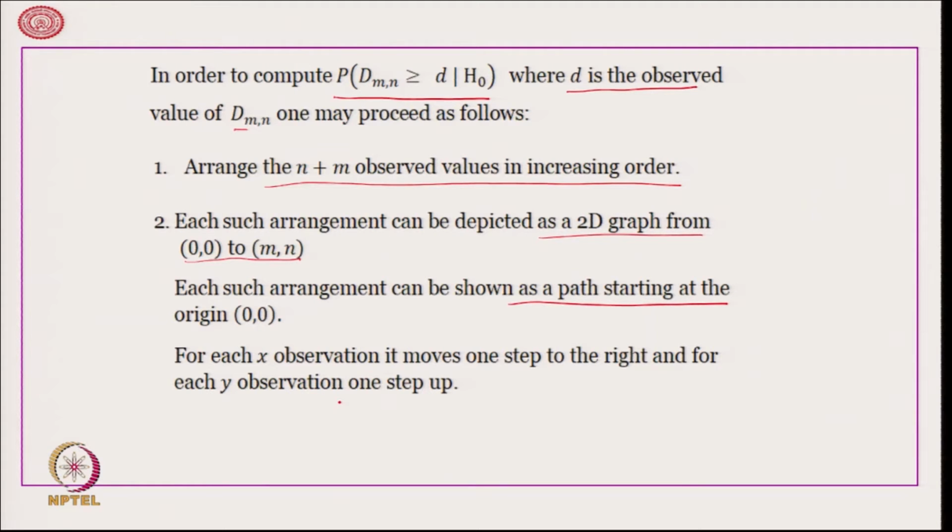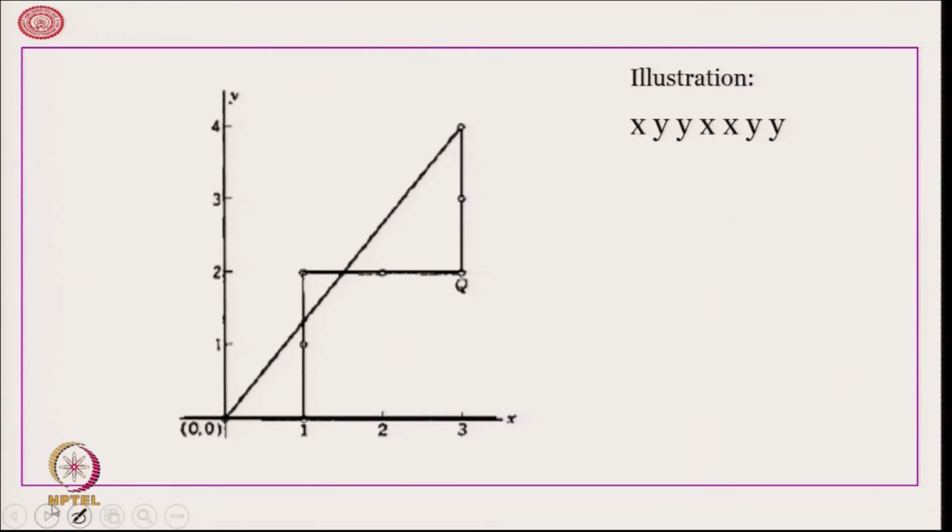How do we show this path? For each x observation, we move to the right, and for each y observation, we move up. Like that, after m plus n movements, we reach m n from 0 0. So, let me illustrate that. Consider m is equal to 3 and n is equal to 4.